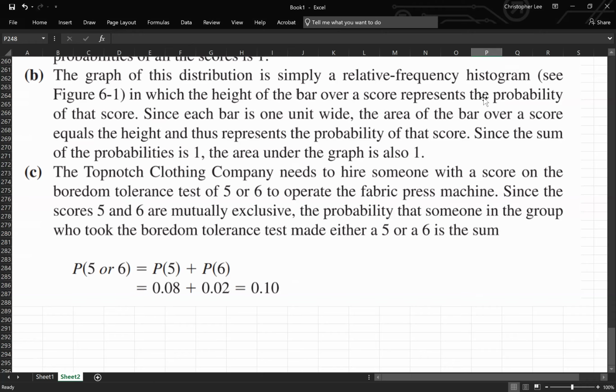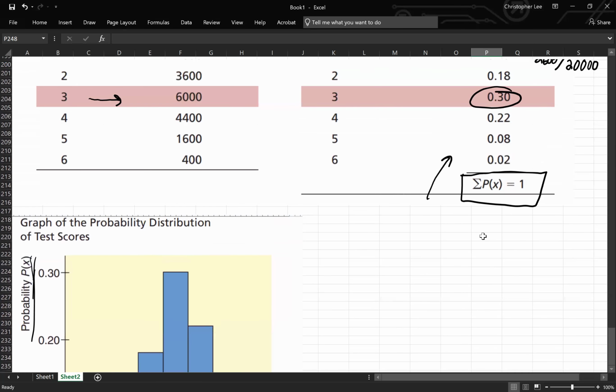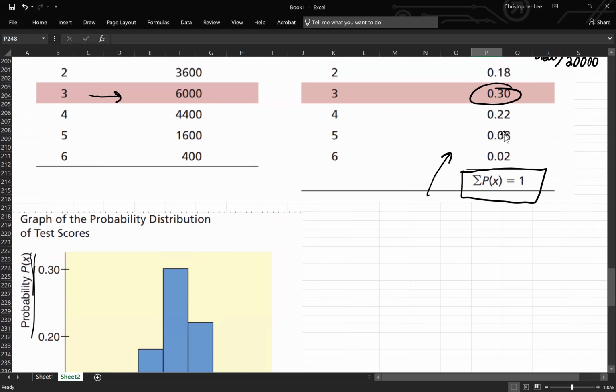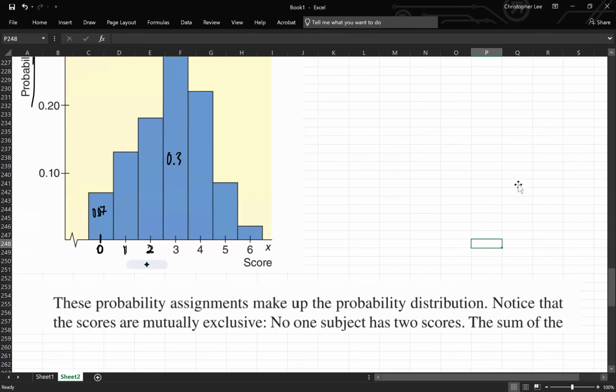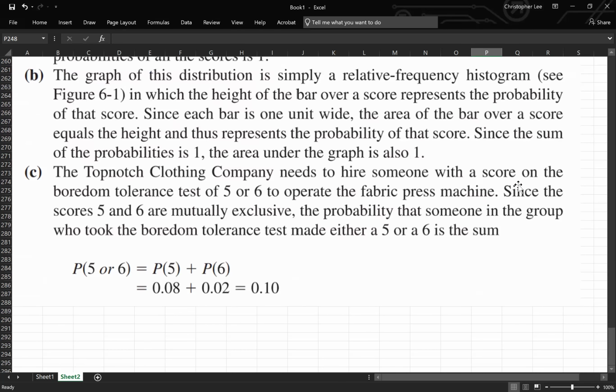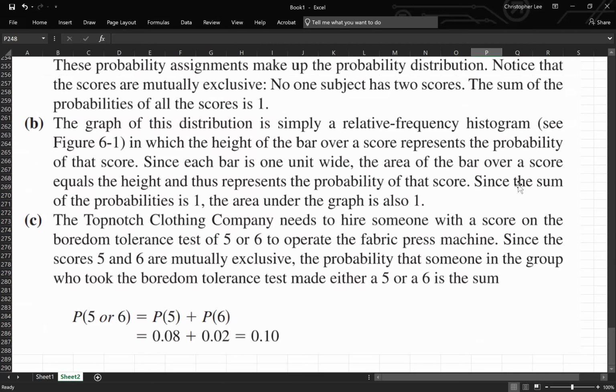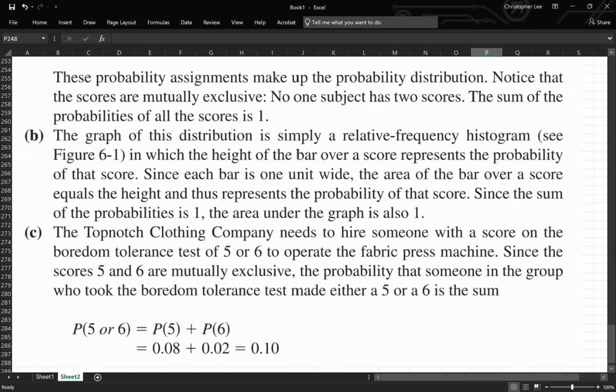Remember, "or" is a keyword that means add. So the probability of 5 or 6 is simply the probability of 5 plus the probability of 6. Looking back at the table, 0.08 plus 0.02 gives you 0.10. That's it. Simple stuff here.